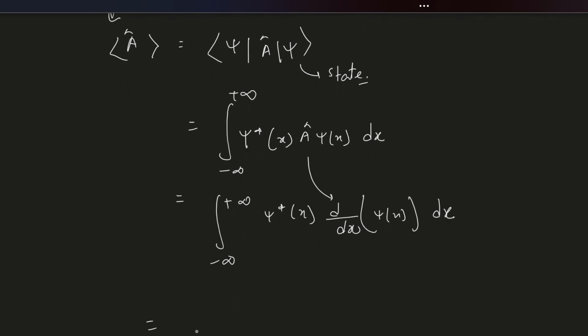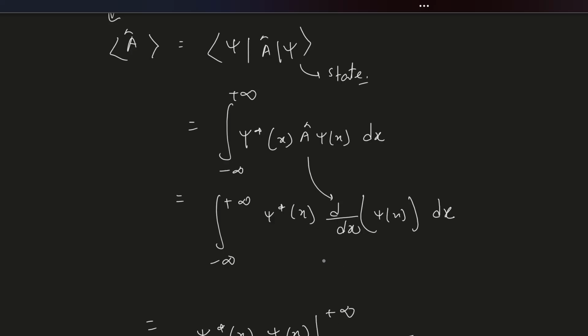Now you can solve this integral by parts. So the first part remains as it is. Now d dx of psi x, when you take an integral over it in the by parts term, the first term will be simply psi x, and the integral limit will be taken from minus infinity to plus infinity on this psi x.